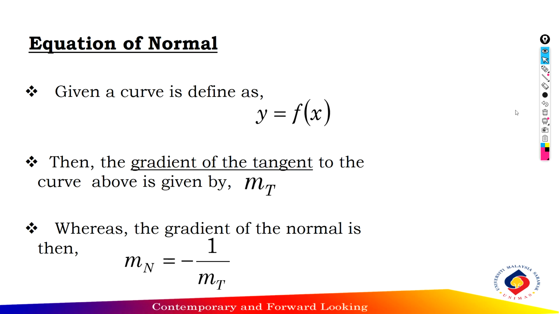Okay, equation of normals. The gradient of the normal here, mn, equals negative 1 over mt. So mt times mn here equals negative 1.